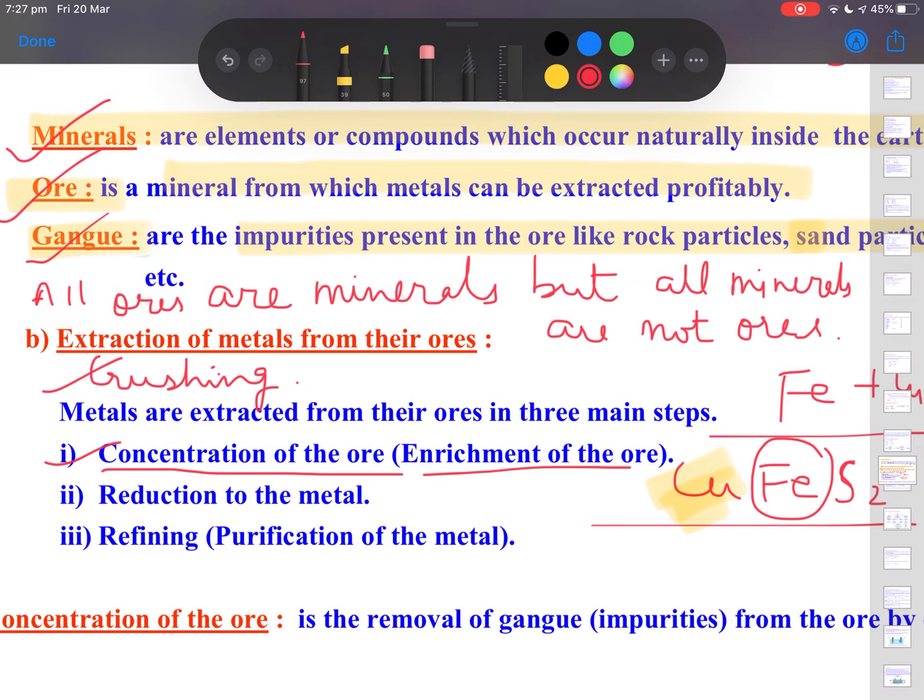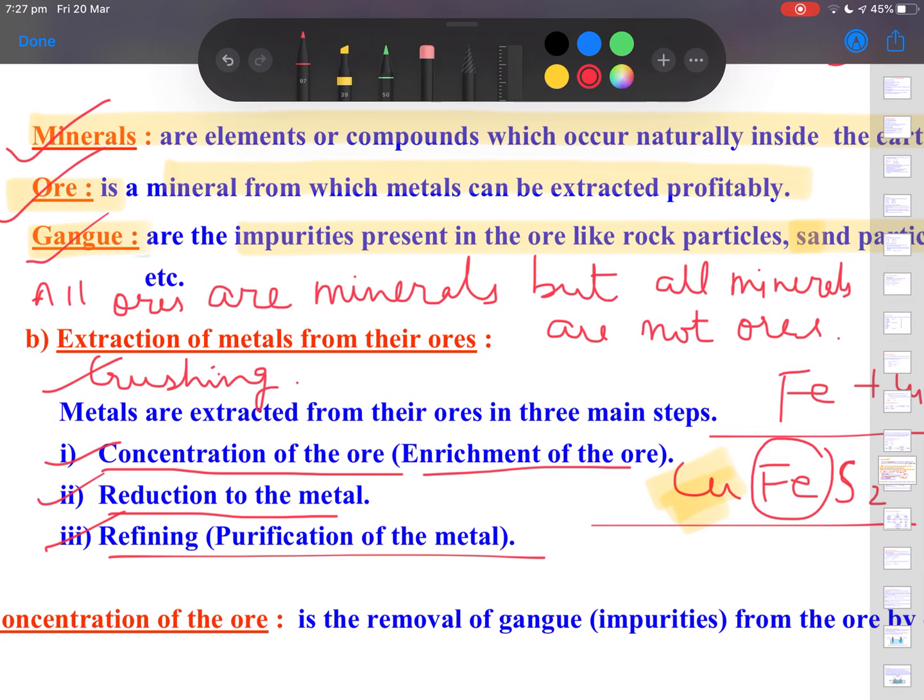I repeat. And after that comes the process of extraction, which usually involves the reduction of a metal oxide to a metal, which we'll be discussing shortly. And the last stage is refining, in which we make sure that the metal is pure enough.